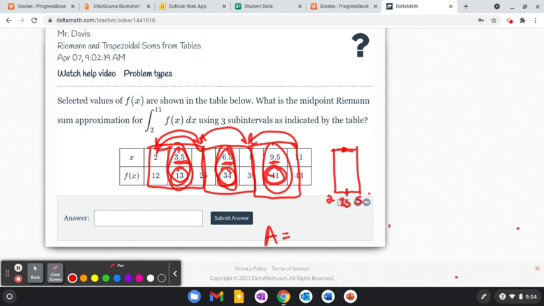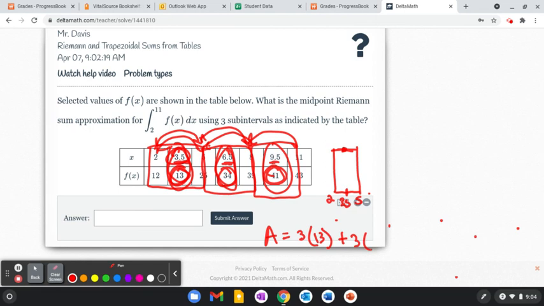Okay. So the width of our first one will be 5 minus 2, which is 3. And then again, rather than choosing the left or the right, we're going to choose the middle value, which gives us 3.5, and that height is 13. So that's what we're going to use to determine the height. We don't actually use 3.5. That's just the middle of those 2, and then we're choosing the y value that corresponds to that 3.5. Plus, the next delta x is from 5 to 8, which is 3.